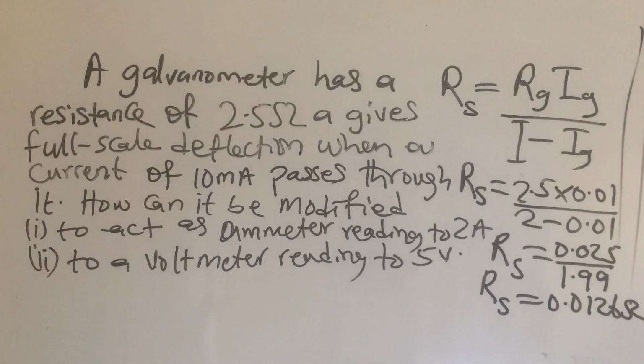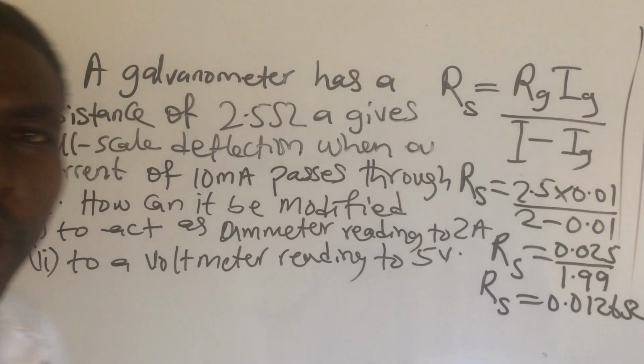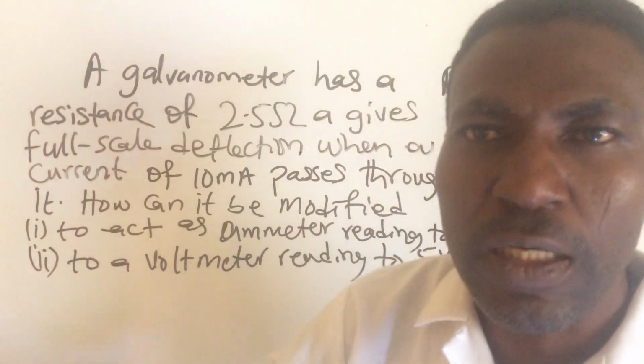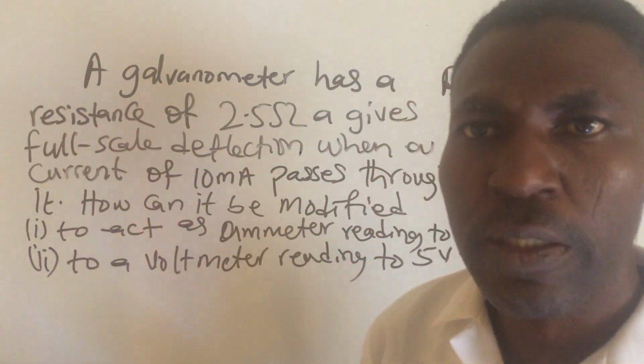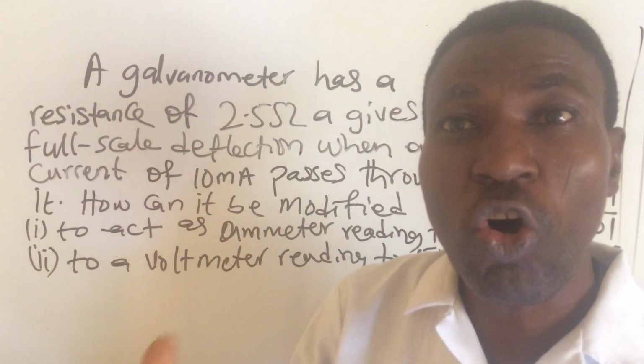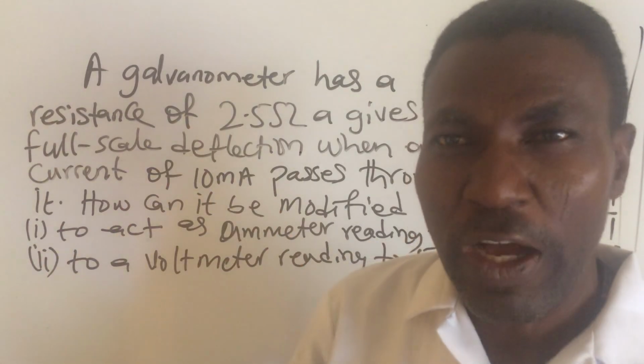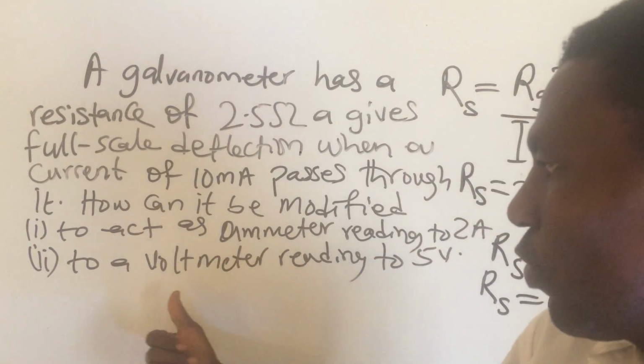Now let's calculate for the second one. The second one is to connect a high resistance in series with the meter. When we connect a high resistance called a multiplier, we have succeeded in converting it to a voltmeter.